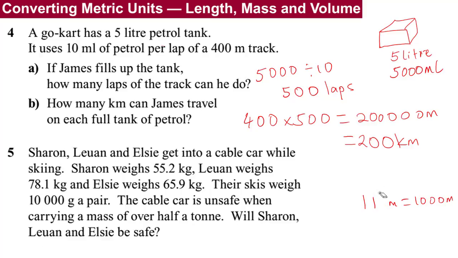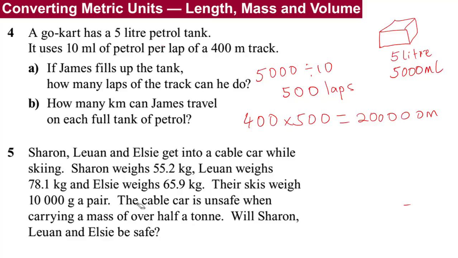Right, so question 5. Let's go over question 5 quickly. He says Sharon, Leon, and Elsie get into a cable car while skiing. Sharon weighs that, Louis weighs that, Elsie weighs that. Their skis weigh 10,000 grams a pair.